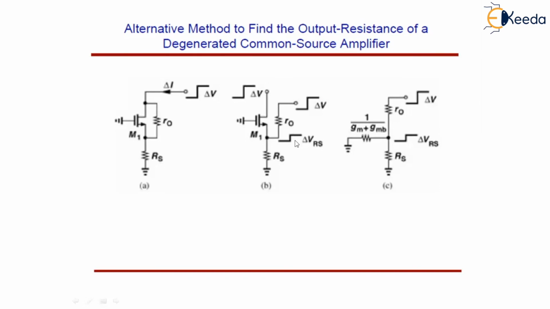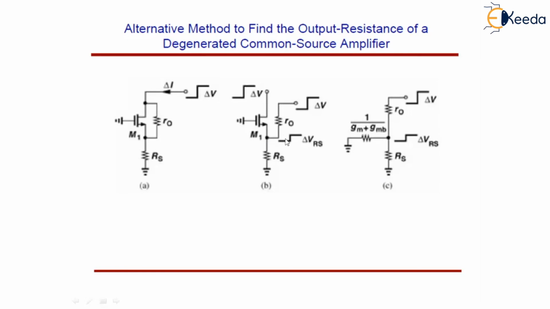This is the same circuit we have drawn again, and here is the voltage drop at this terminal. The voltage drop is equal to del V across the resistance Rs, simply at this point, at this node.